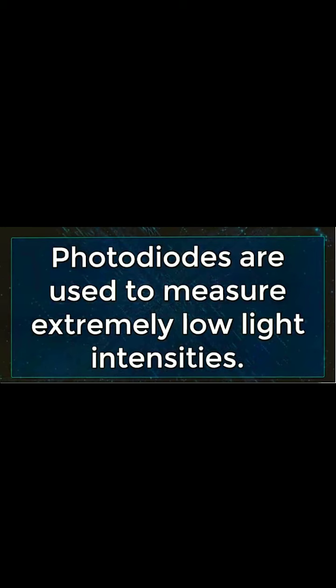Another factor is the distance. If the distance between the source of the light and the photodiode increases, the photocurrent also decreases. As the distance is less, more current will enter the photodiode through the window, so the photocurrent will increase.